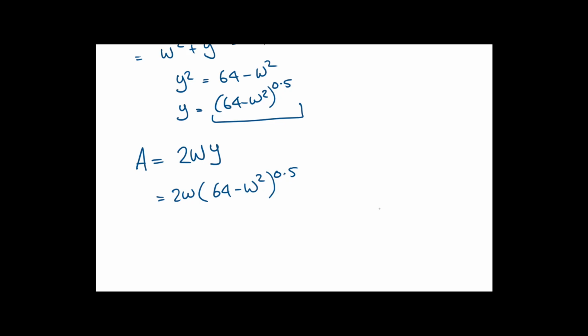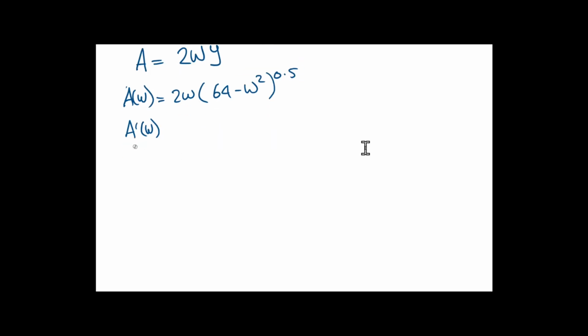And now we have a formula for area in terms of one variable. And when we have that, we can now differentiate this. We now have A as a function of W, and we can find A prime of W, set that equal to 0 and maximize it. Fair enough? Let's do it.